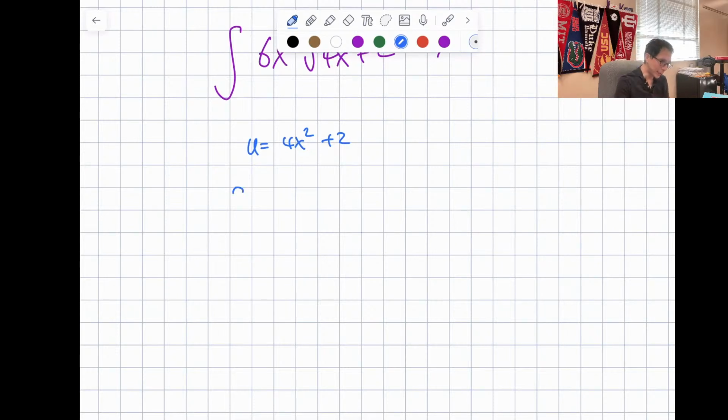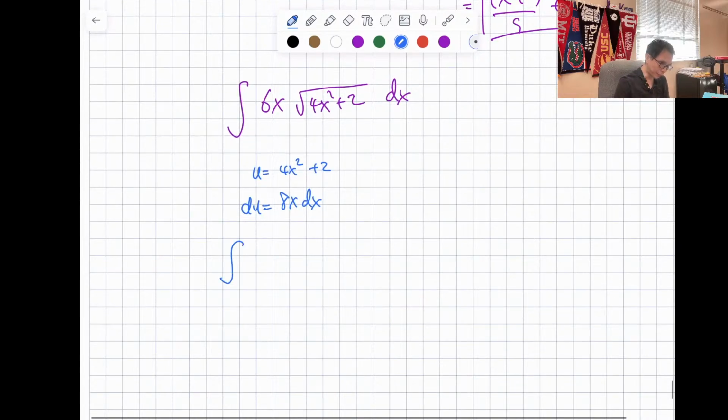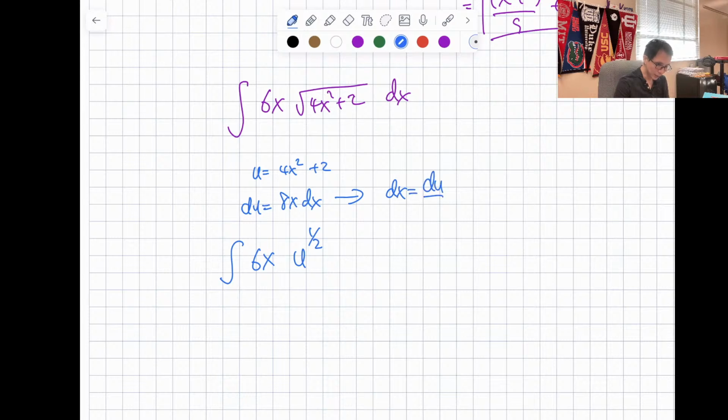All right, did you take a du? You should have taken du. That should be 8x dx. So therefore, you have a 6x, it's the g of x, and that's u to the 1/2. And for dx, you're going to have to make sure you solve for dx. What's dx equal to? du over 8x. So you see this x going to cancel out. You don't worry about the 6 and 8 because that's just a constant.